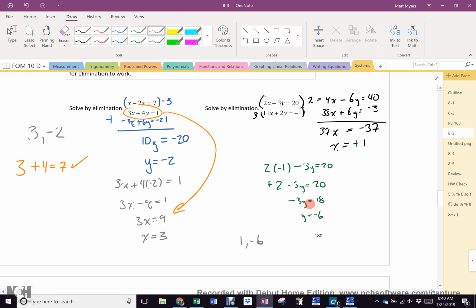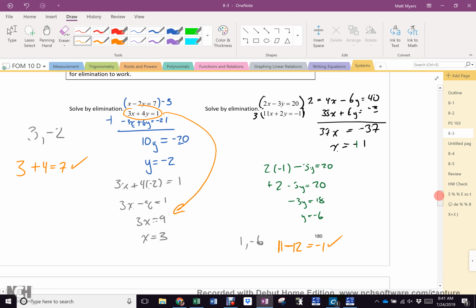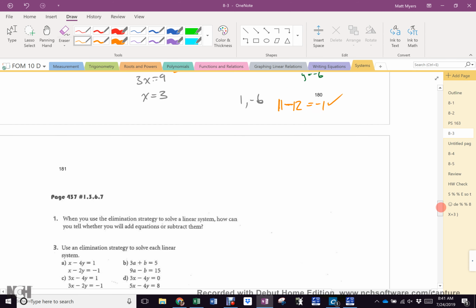The bottom one. So what's 11 times 1? 11. What's 2 times negative 6? Negative 12. Is 11 minus 12 negative 1? Yes, and I'm correct.